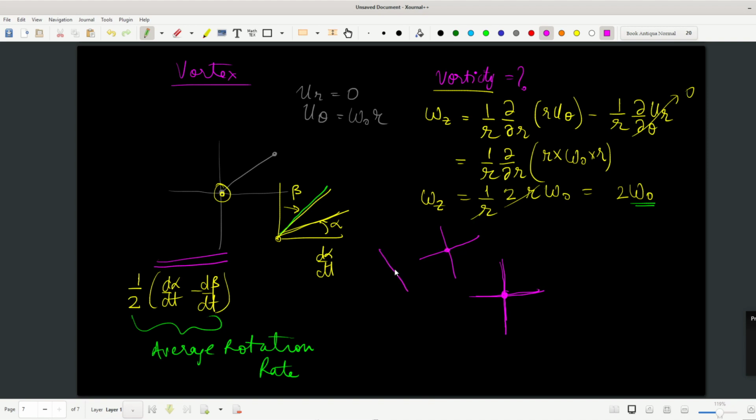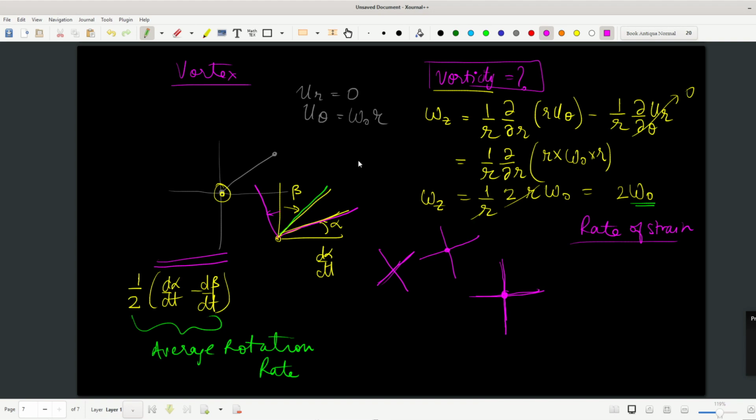In this particular case, it will rotate. The angle between the elements will not change. Meaning, if alpha rotates by this angle, beta will also rotate by that angle. It will not cancel out. And if you want to go one step further, you can find out the rate of strain of this kind of flow. Okay, it will be 0.